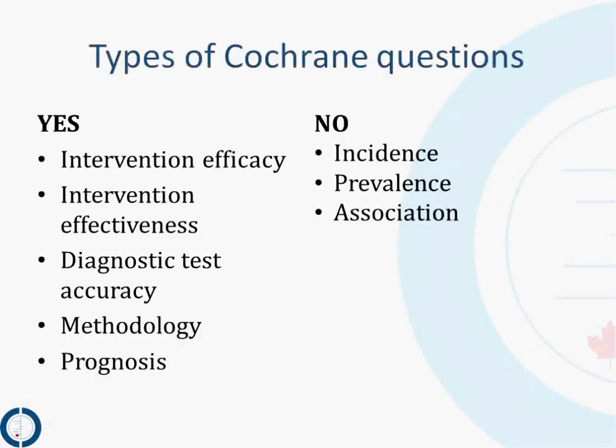So we're going through types of questions for Cochrane Reviews. Efficacy questions are generally involved with randomized controlled trials, and that's basically what we do a lot of. Most of our reviews are intervention reviews that look at the efficacy of drugs that are used to treat inflammatory bowel disease. For example, we have a review on cyclosporin for the treatment of ulcerative colitis patients with treatment-resistant disease.